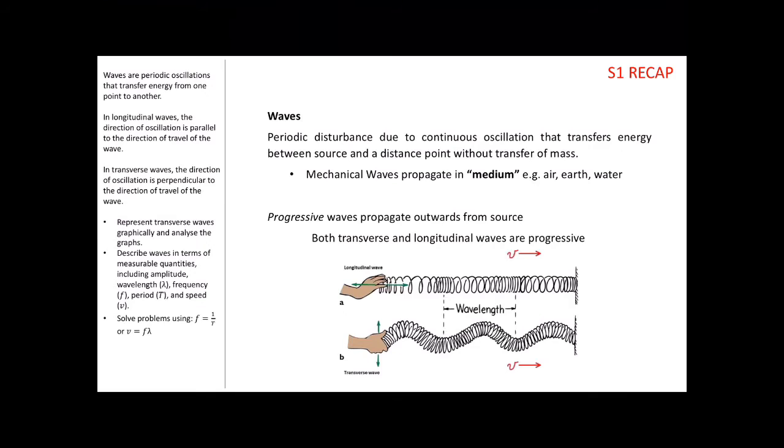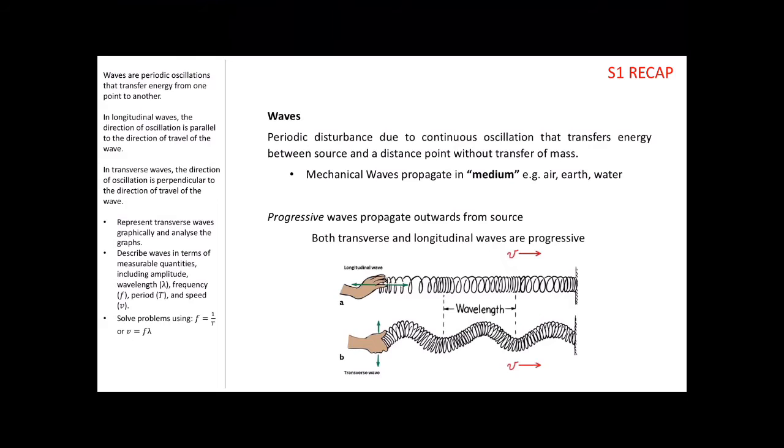So the direction of travel of this wave is still going towards the ball from the hand, but the particles of the slinky are moving up and down. With light, the direction of the components that are oscillating move perpendicularly to the direction of the light's travel. So light is a transverse wave.